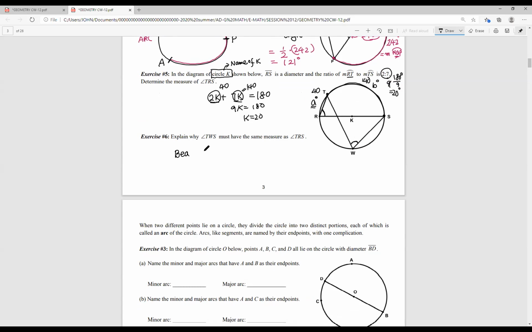Because they are inscribed angles for the same arc TS.